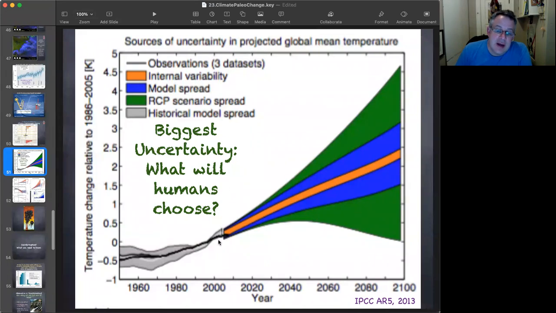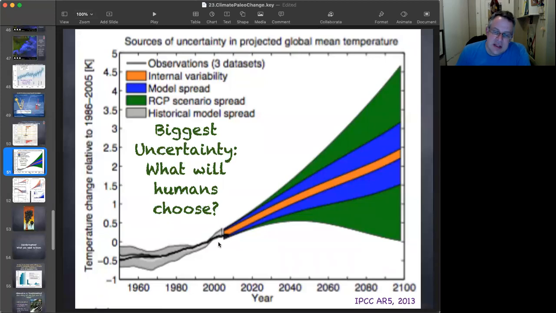So in the beginning, in the short-term forecast, the internal variability is the dominant thing. We have not yet seen any emergence from that. But over time, the model spread starts to get bigger, which means that we are measuring the model uncertainty, and that's this big. But still the scenario spread, that is what humans choose to do, is bigger still.